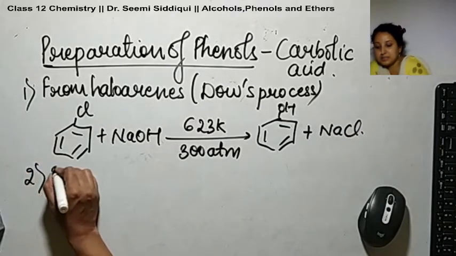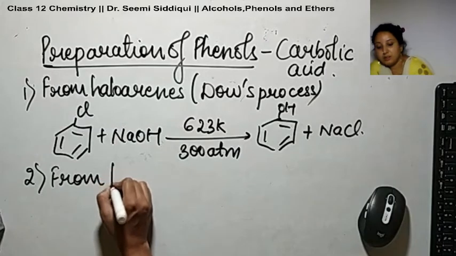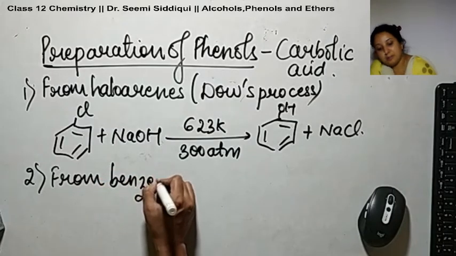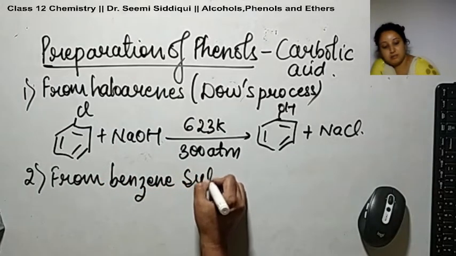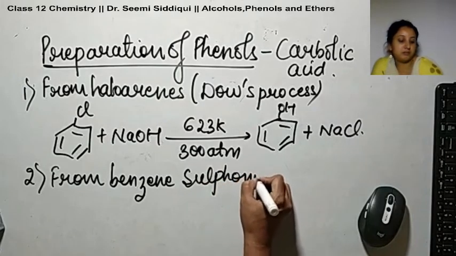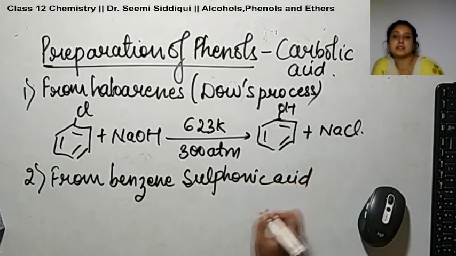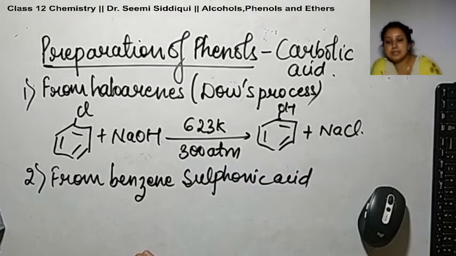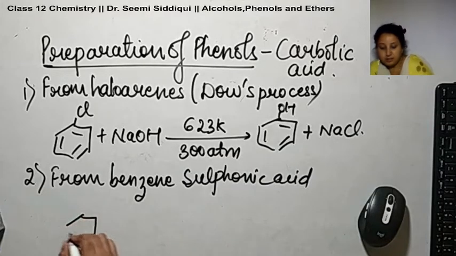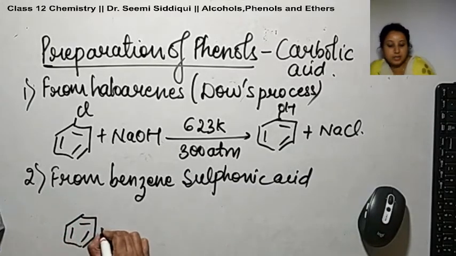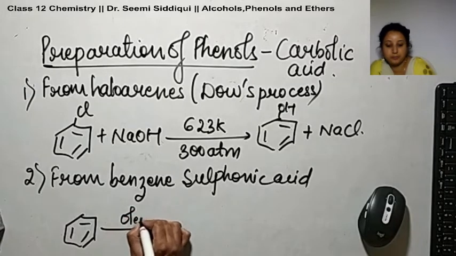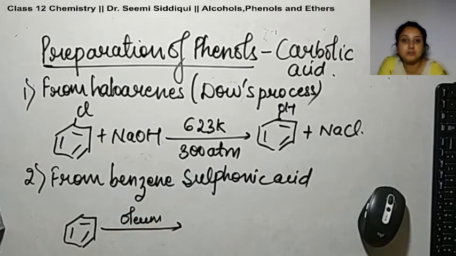Second process is from benzene sulfonic acid. Here the benzene ring is made to fuse with oleum. Now, the first question is, what is oleum?